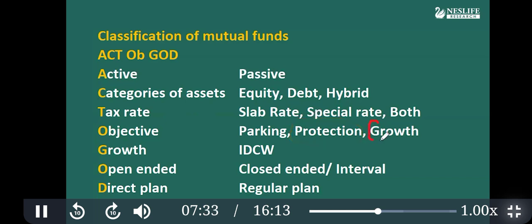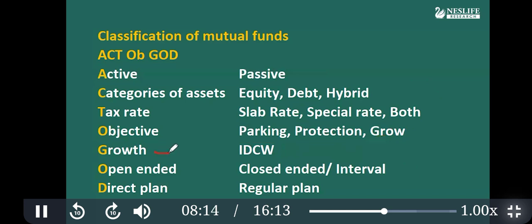If you want to grow the money, there will be a specific different type of mutual fund which is required. So these are 4 important classifications in decision making. Now these 3 I'll discuss just for the first time for theoretical purpose. Thereafter, you don't have to think. Clear? Now the growth. Don't confuse this growth with that growth.